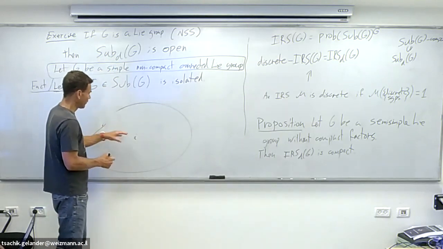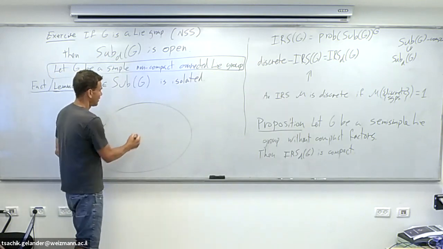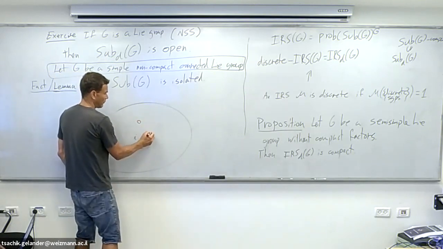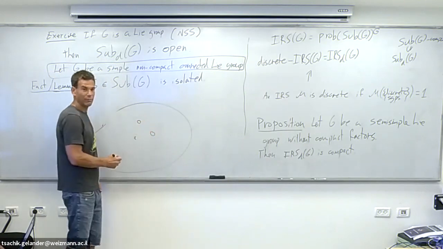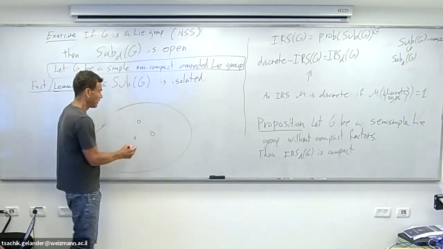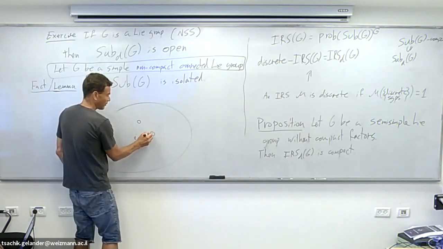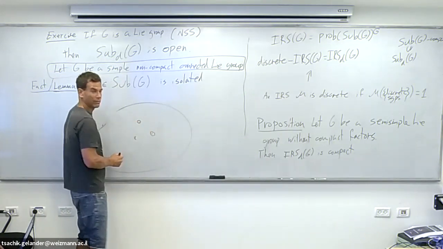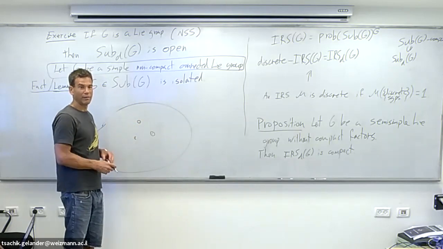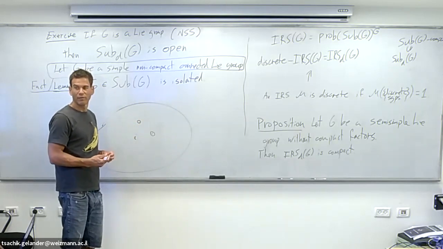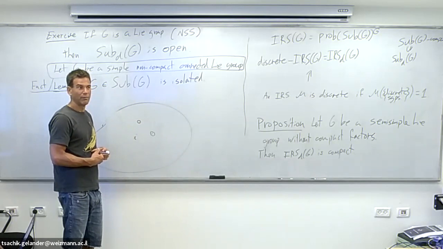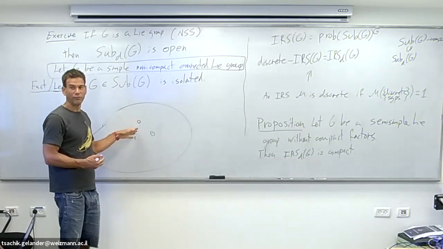So inside a semi-simple Lie group, you can find two neighborhoods of identity, such that any choice of a point here and a point here will generate a dense subgroup. Did we discuss this phenomenon at some point? No. So this is actually quite useful result.